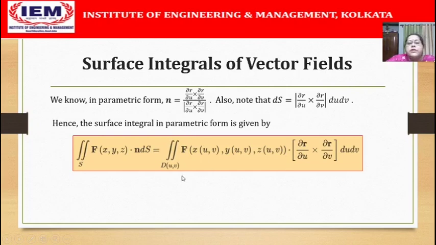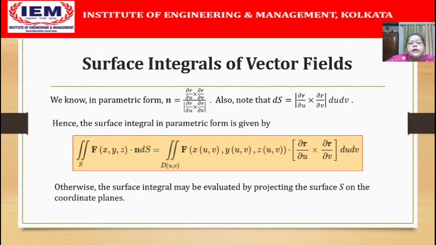And we are of course integrating over the region D in the uv plane. So notice that surface integrals are evaluated by converting the integral into a double integral in a plane.